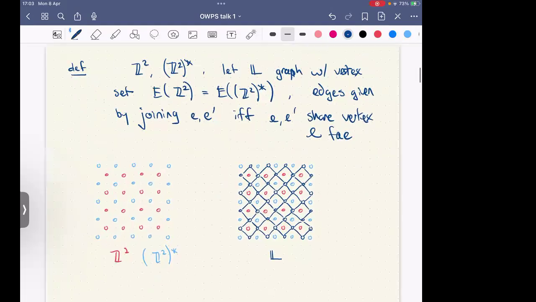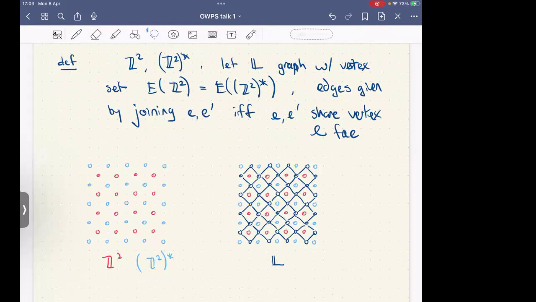Okay, so here's a nice picture. On the left we have Z2 in red. I haven't drawn any edges just so everything's a bit clearer. Z2 dual in blue, and then here is the lattice L. Okay.